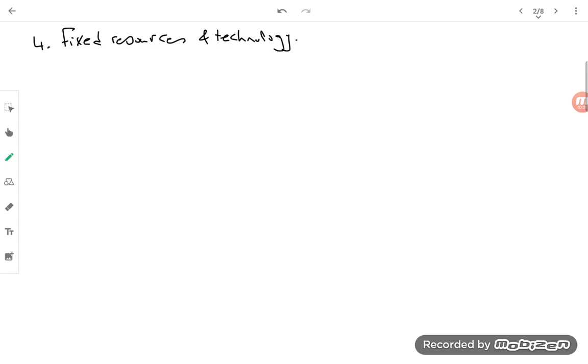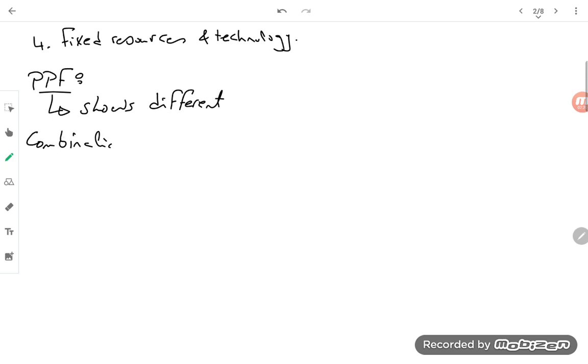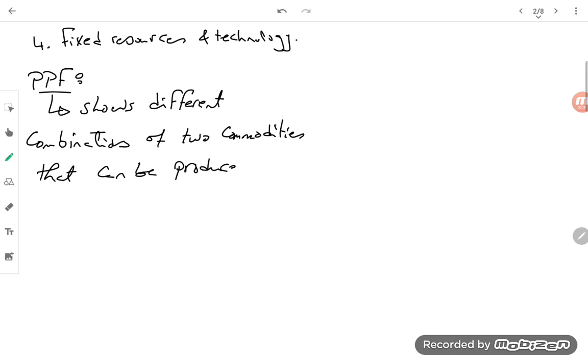Production possibilities frontier, or PPF, shows different combinations of two commodities that can be produced using a given amount of resources.